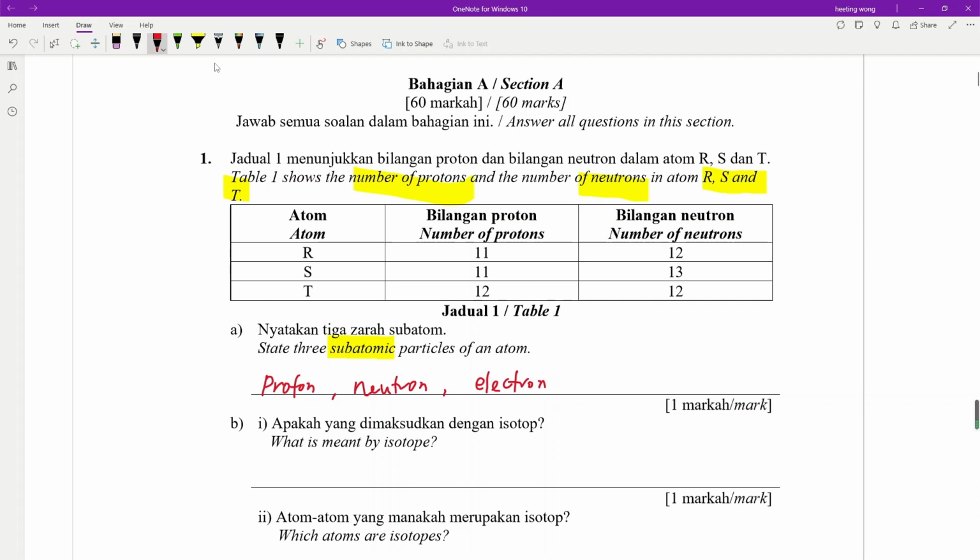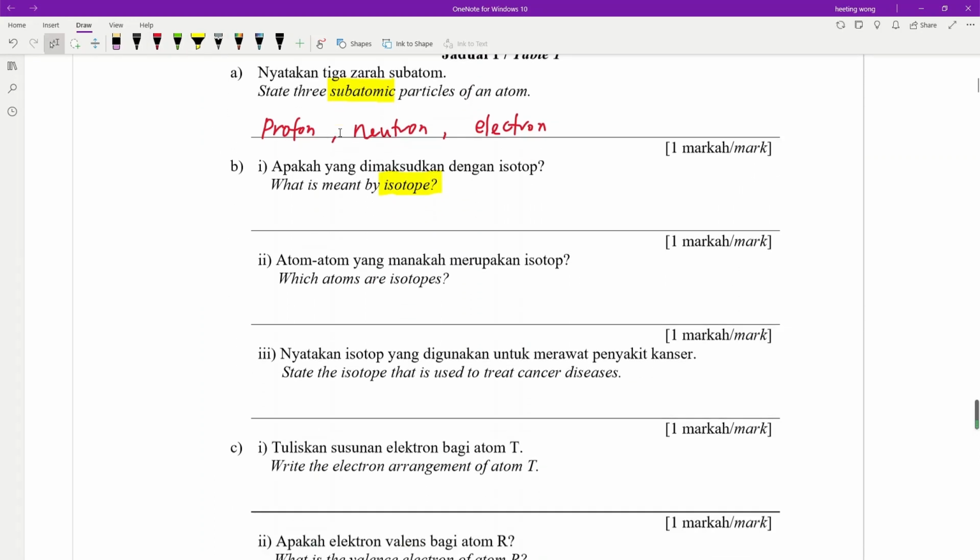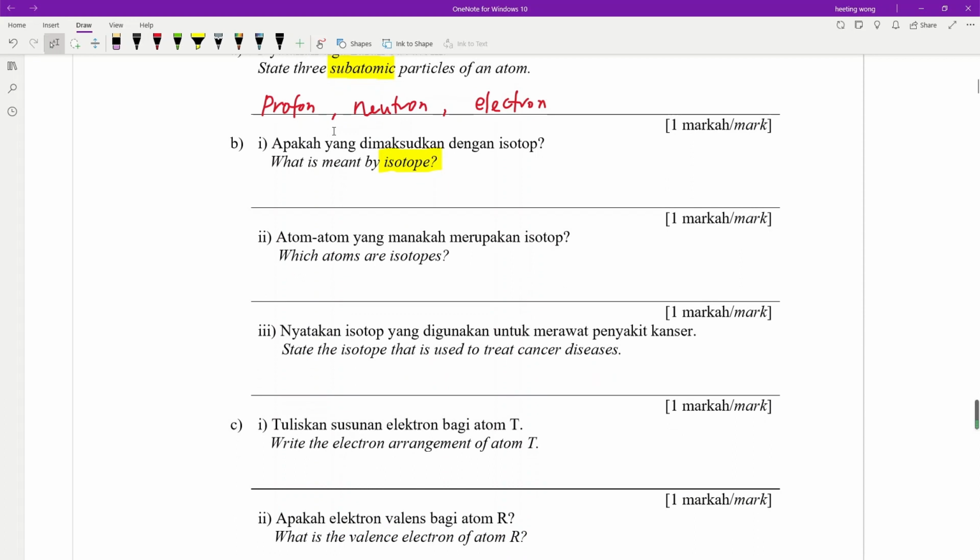Now, what is meant by isotope? If you are asked to define the isotopes, remember there are a few things that you need to remember.